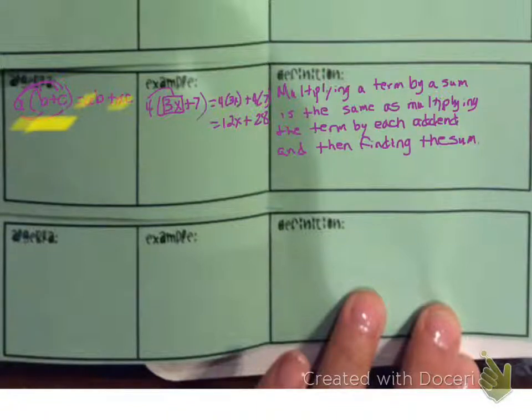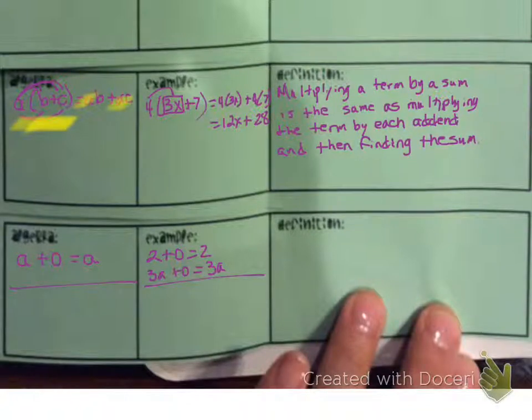In algebra, for addition, it would be a plus, well, what do I add to a number that doesn't change it? Add 0, right? So a plus 0 is a. If I had 2 plus 0, that's 2. If I have 3a plus 0, I still get 3a.